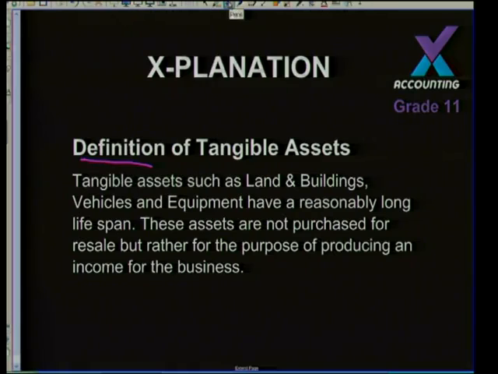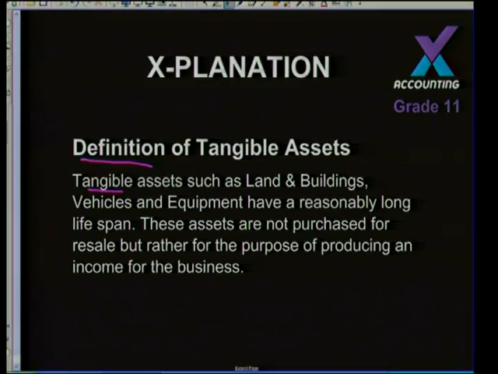You've been through this definition, I'm sure, in grade 8, but let's quickly go through it one more time. Tangible assets, such as land and buildings, vehicles and equipment, have a reasonably long lifespan. What do we mean by this? Your land and buildings, your vehicles and equipment will normally last the business, or the business will have these assets in its possession, for a reasonably long time.